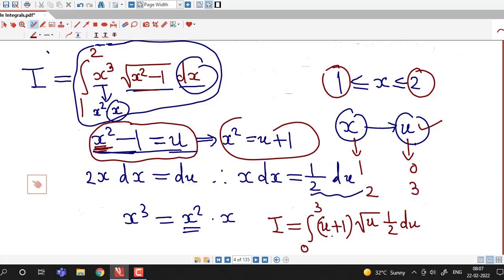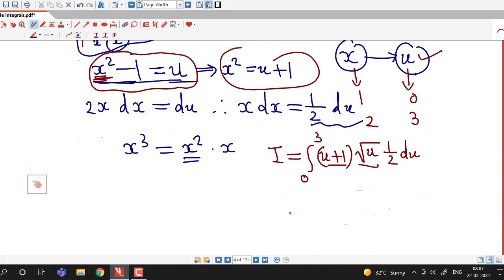Now we can multiply u plus 1 with the square root of u and easily integrate in powers of u. Here u into square root of u is u raised to 1 plus 1 by 2, that is 3 by 2, plus u raised to 1 by 2, and this 1/2 we can take outside.